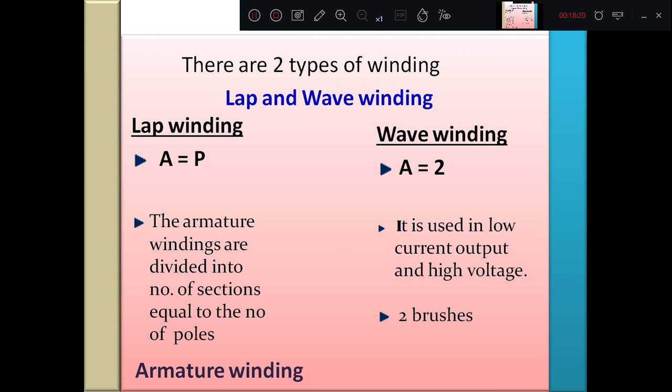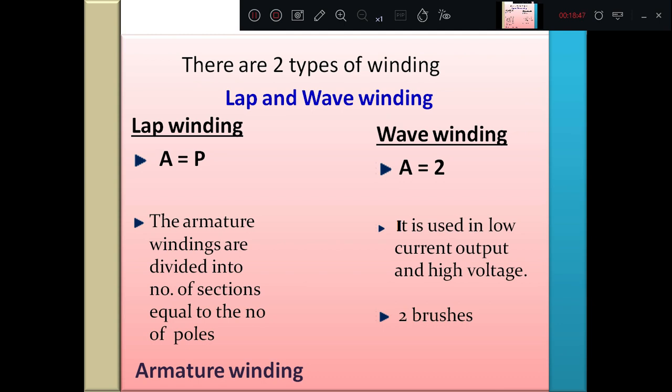Whereas in the wave winding, there are 100 conductors irrespective of the number of poles. With 4 poles, we get 50 and 50 conductors in 2 sets of parallel paths, and from that we tap the electricity. In lap winding, the number of parallel paths equals the number of poles, whereas in wave winding we have only 2 parallel paths.